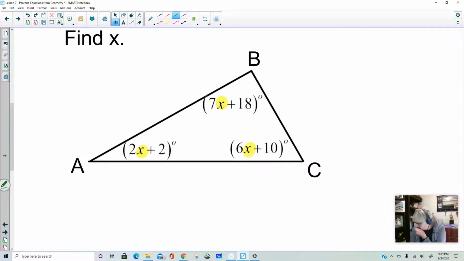Okay, well, can we substitute now, you think? Sure, Ms. Pruitt, let's go ahead and substitute. All right, so angle A is 2x plus 2. So let's substitute that in. 2x plus 2 plus angle B, 7x plus 18.